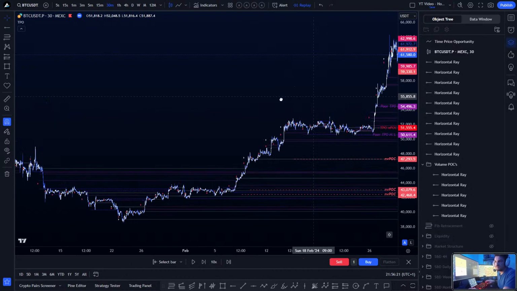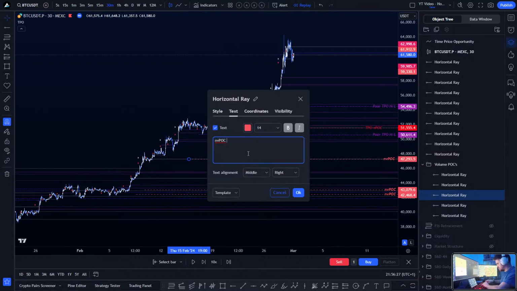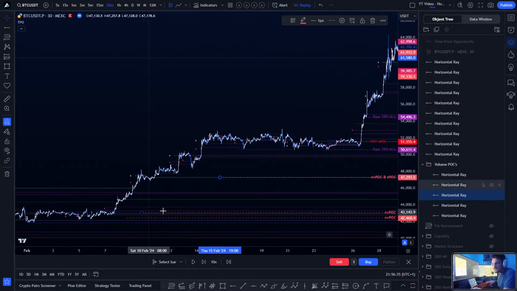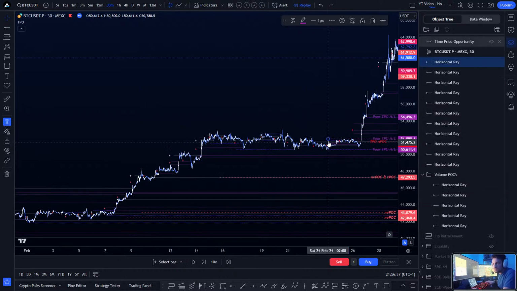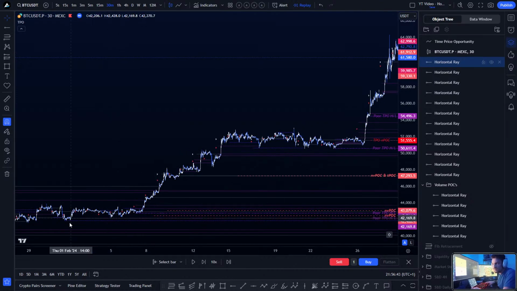But let's change this to also TPOC. Another poor TPO low down here, and another one down there. Yeah, if we start dropping, man, it's gonna get ugly.